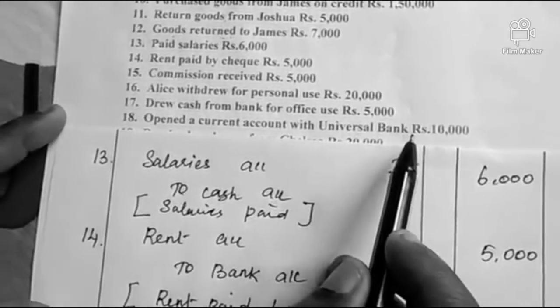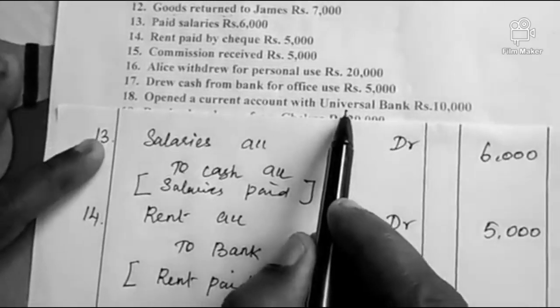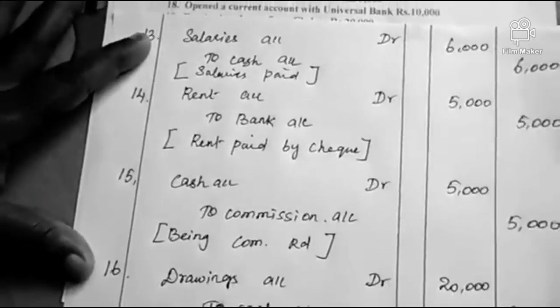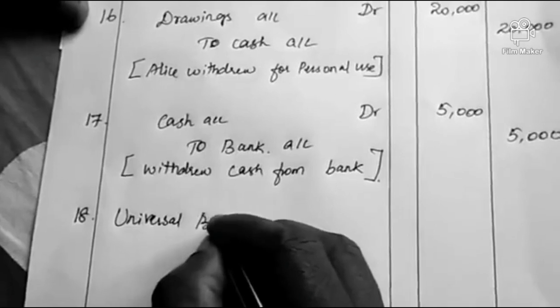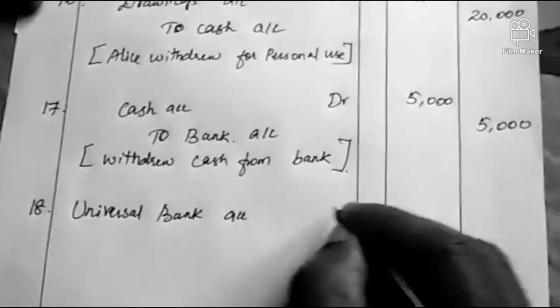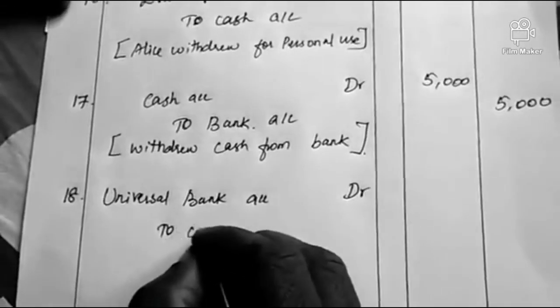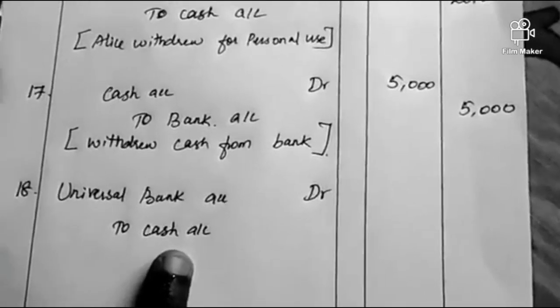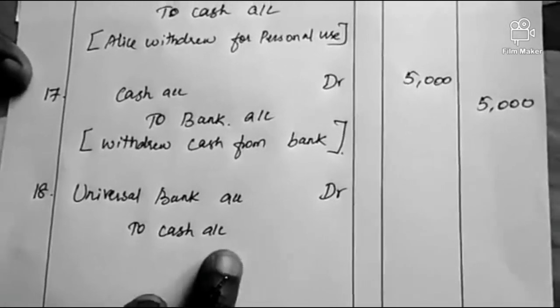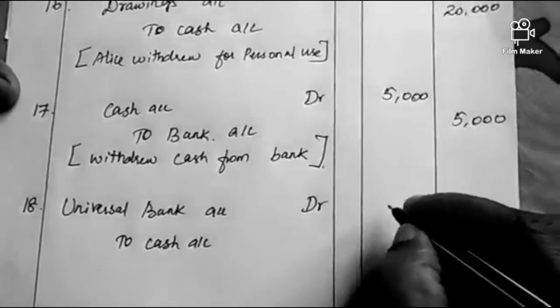The Universal banker will receive the amount from you, no? So debit the receiver. What is the entry for this transaction? Universal Bank account debit to cash, because when you deposit any amount into the bank, cash goes out. So how much? 10,000 rupees.